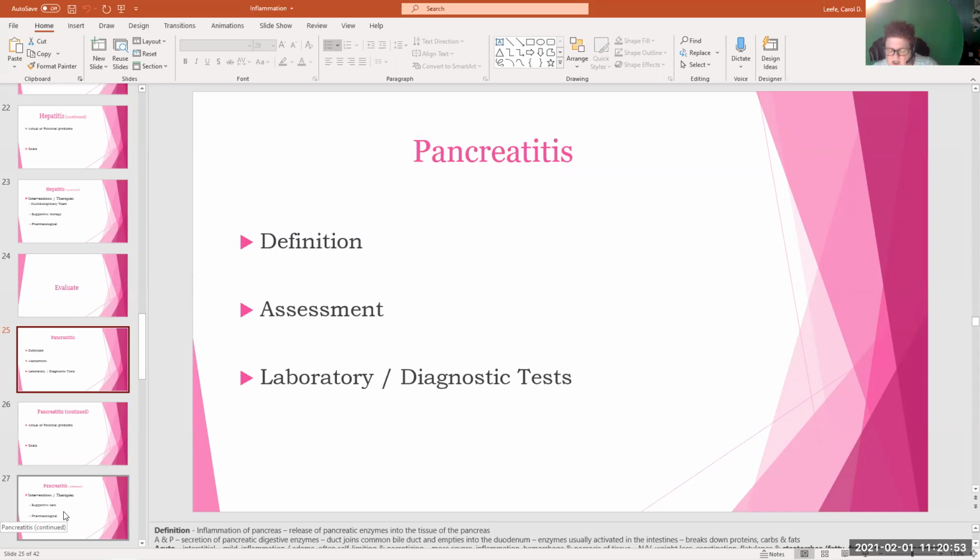Vasodilation, increased vascular permeability, resulting in edema. Okay, with the pancreas and the fluid shift to the abdominal cavity, it can cause ascites. When you have that fluid right up against that diaphragm, complications include ARDS, adult respiratory distress syndrome.